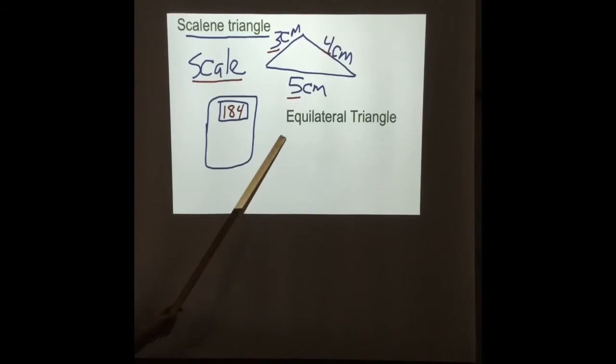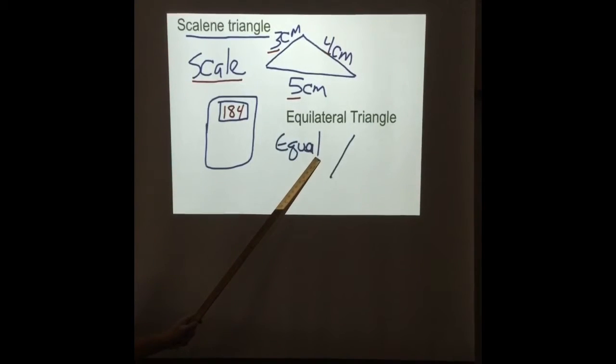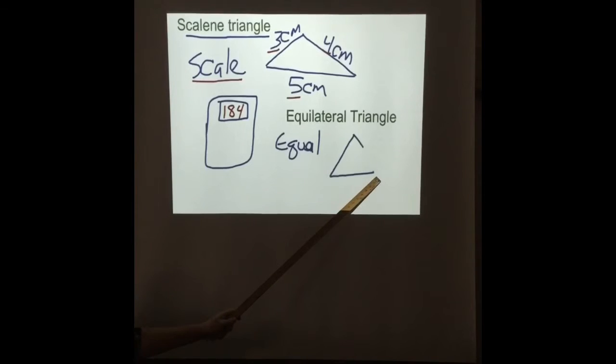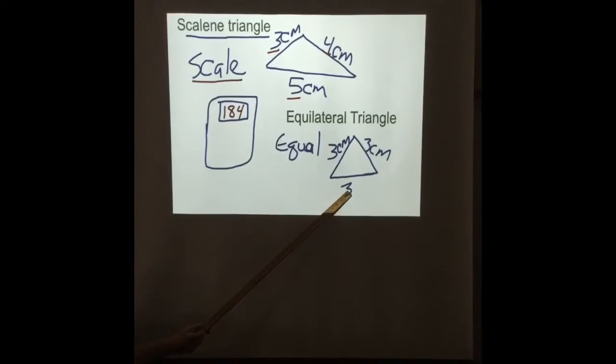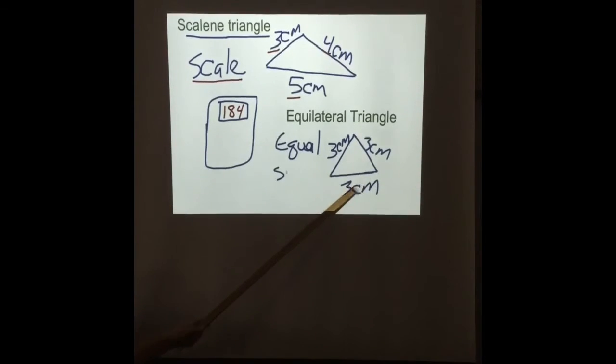Now, an equilateral triangle, what word do we see in there? Well, we see the word equal. Equal means that if we have one that is 3, this one's also 3 centimeters, and the bottom one is 3 centimeters. All the sides are equal, or equal-sided.